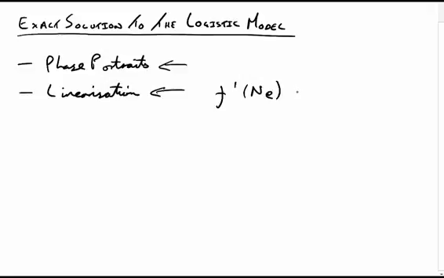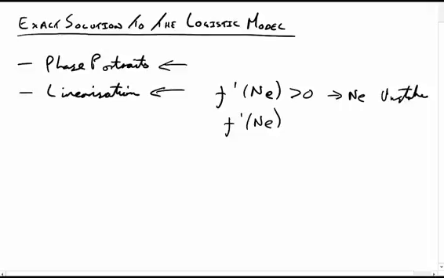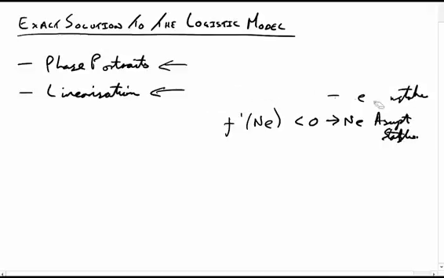If that was greater than 0, the equilibrium point must be unstable. Likewise, if the derivative of the function evaluated at the equilibrium point was less than 0, then the equilibrium point was asymptotically stable. So we could use linearization to determine the stability that way.